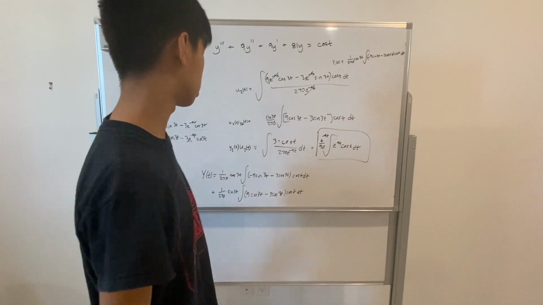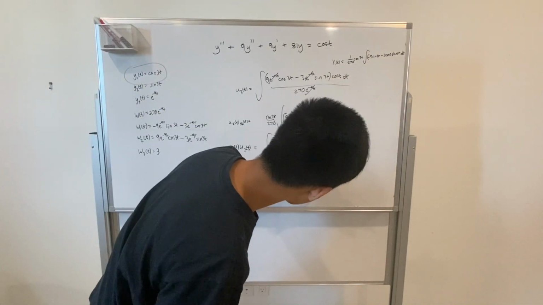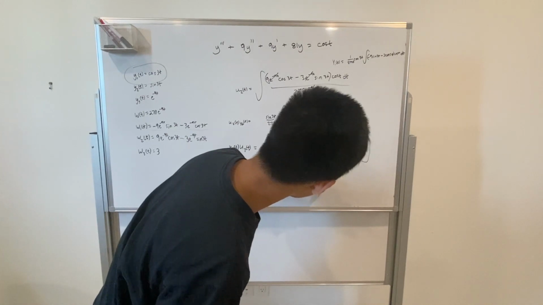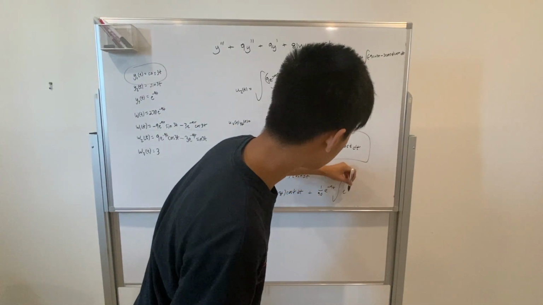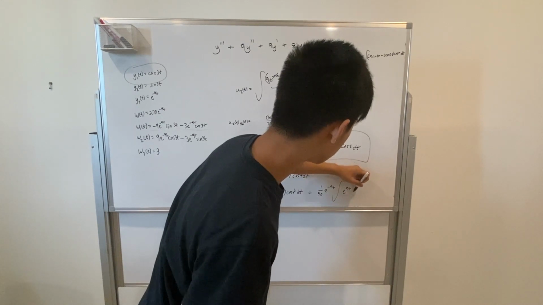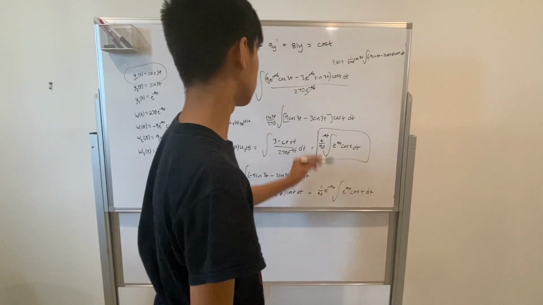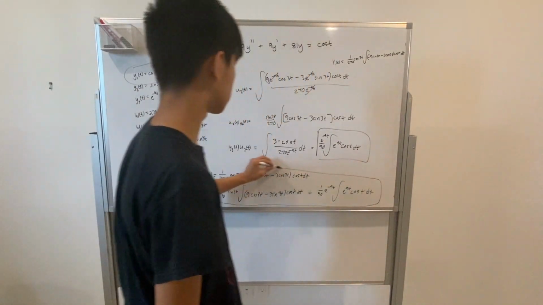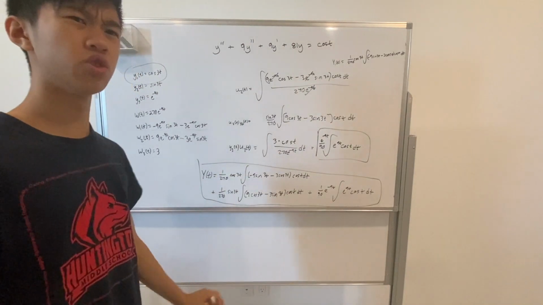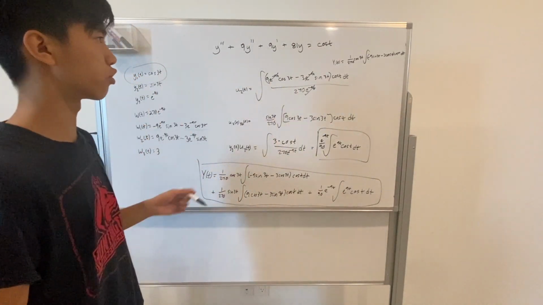Then we would add our final solution, our third solution, which would just be 1 over 90 e to the negative 9t times the integral of e to the 9t power cosine of t dt. And that last solution we can integrate just using integration by parts, but I don't want to waste too much of your time, so this is our solution to this differential equation.